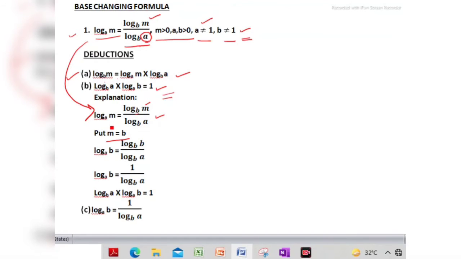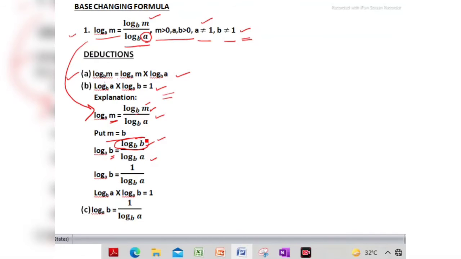Let us see. Here in LHS, in place of m we can write b. In RHS, here also in place of m this will be replaced by b, and the denominator as it is. Now in the numerator, this becomes 1 because we know that log of b to the base b, or for any other number with the same number and the log, the value is equal to 1.